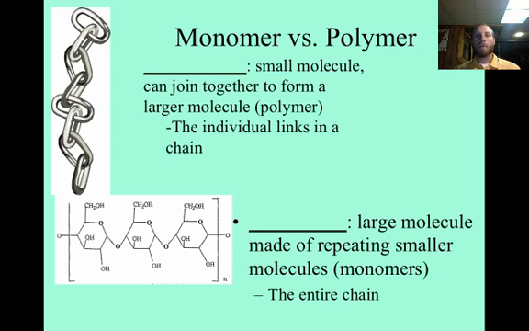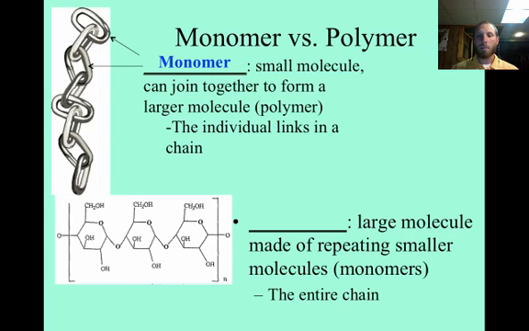Monomer versus polymer. These are two terms that are very important to be able to distinguish. Monomer is the term for a small molecule that can join together to form a larger molecule, the polymer. It's like the individual links in a chain. The prefix mono actually means one, and that's why it is one monomer, a smaller molecule.